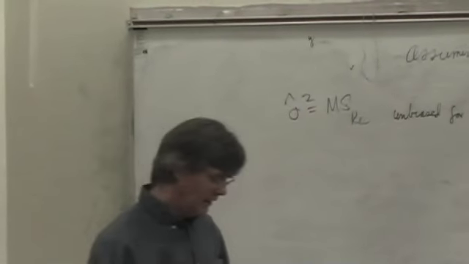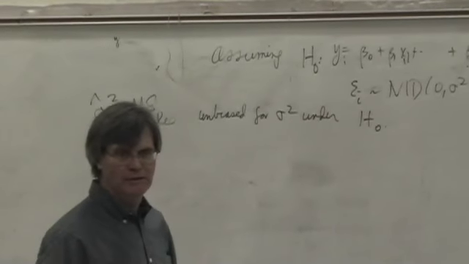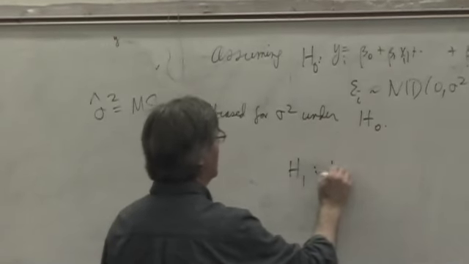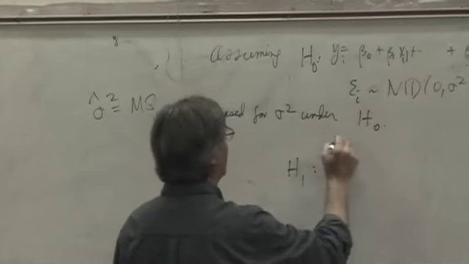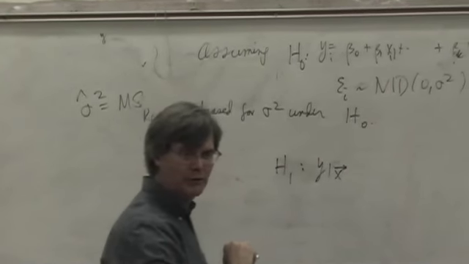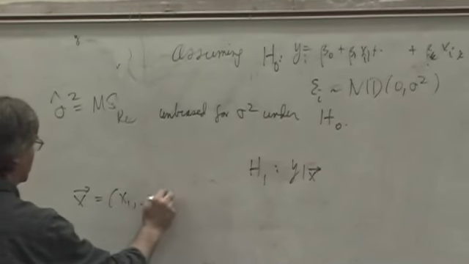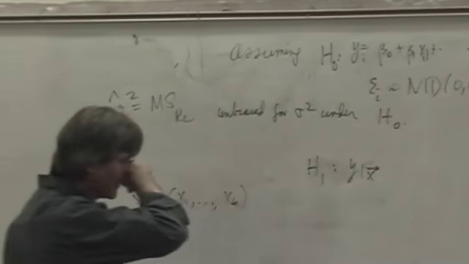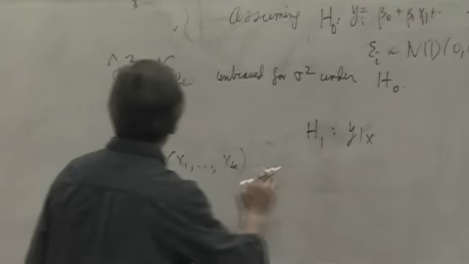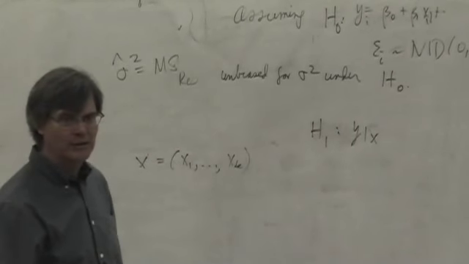In the sense that there's a different regression function. Under H1, I'm going to have y sub x, where x is a vector of regressor values, x1 through xk. I'll just write it as x without the arrow, because I don't want that arrow all over the place.